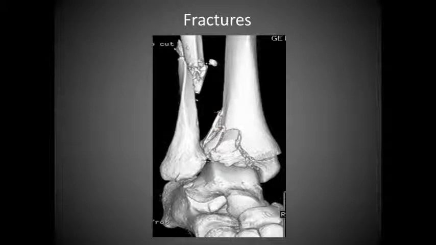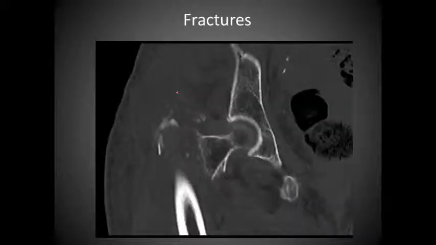Here's another fracture. This is basically a spiral or oblique type, probably favoring more along the lines of oblique for the tibia, and possibly a spiral or comminuted for the fibula.